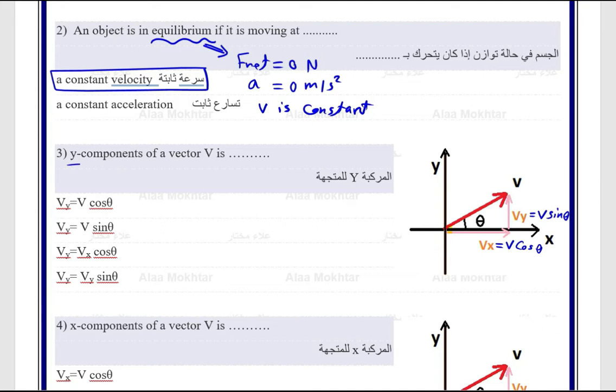He asked about the y component, so Vy equals V sine theta.